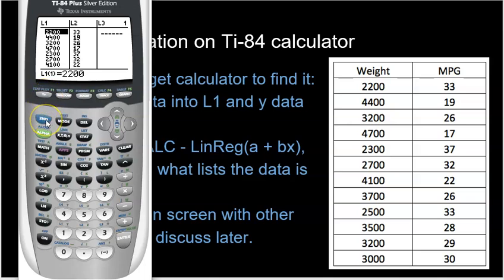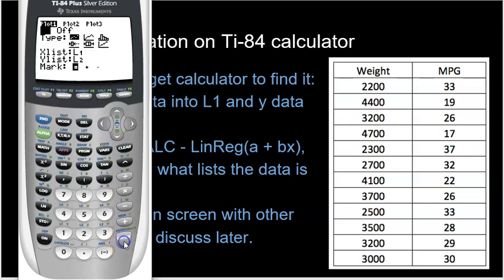So I'm going to quickly remind you how to make a scatter plot. You're going to go to second, Y equals. Go to Plot 1, make sure it's turned on. Highlight the very first graph here that looks like a little scatter plot. Make sure your X list is L1 where the weights are, and your Y list is L2 where the gas mileages are. And I don't really care what kind of dots you use. From there, we can exit out once you get all that set up.